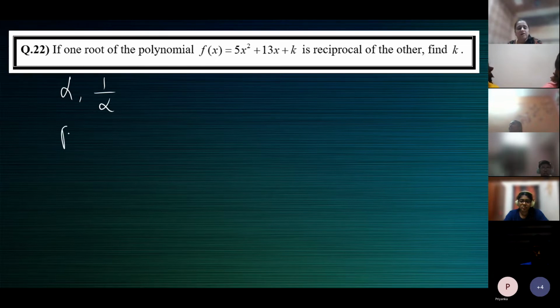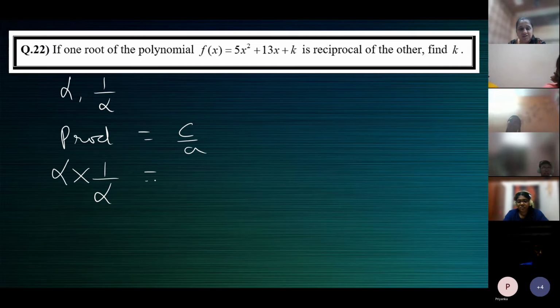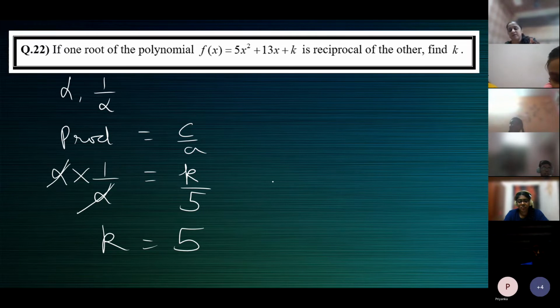We know that the product of the zeros, in the case of a quadratic polynomial, is equal to c by a. Product of the zeros means alpha into 1 by alpha is equal to c by a, that is k by 5. Alpha and alpha cancel. On cross multiplying, k is equal to 5. And we found the value of k.